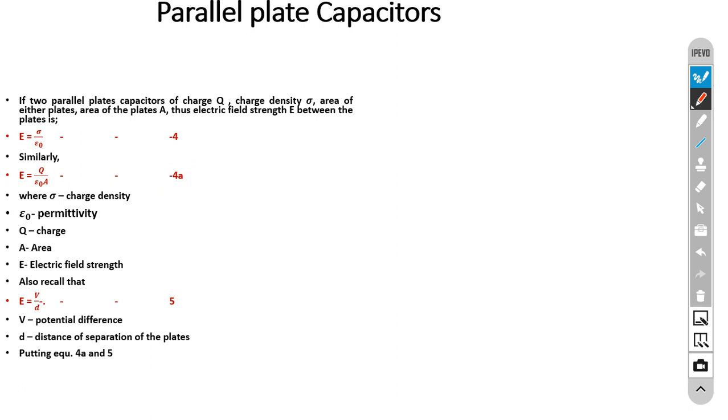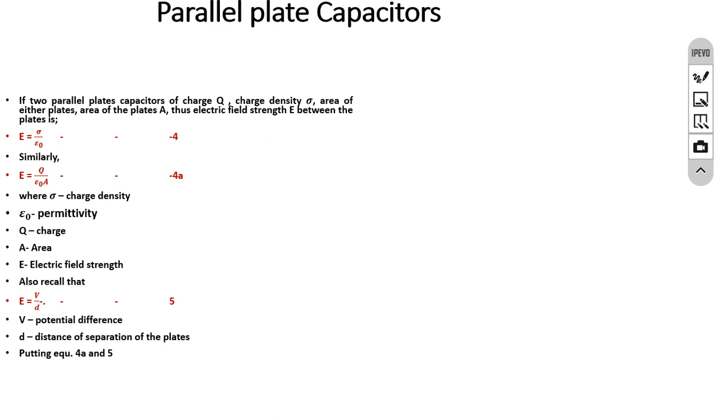So when you do that, you have V over D equals to Q over epsilon naught A.